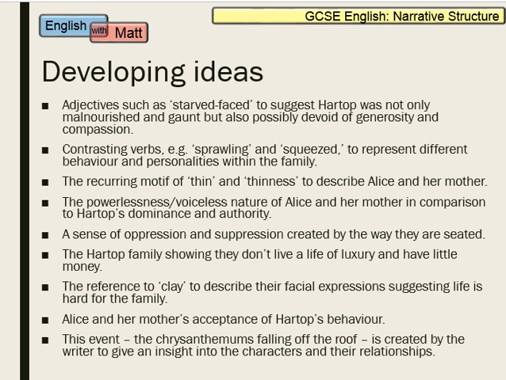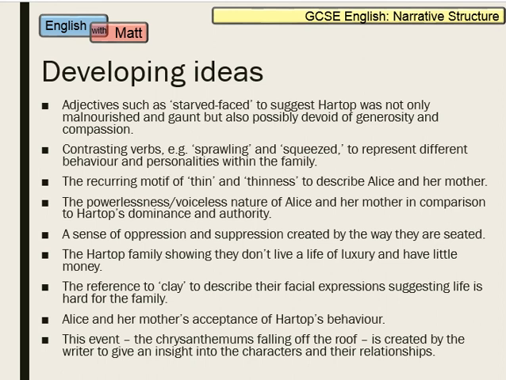But this last bullet point is also interesting because this event, these flowers falling off the roof, is created by the writer to give us an insight into the characters. So the writer is sat at his desk and he's saying to himself, well, what can I do in order to tell my readers what these characters are like? And he says, I know, I'm going to get the flowers to fall off the roof and get Hartop to boss Alice into going and getting them.